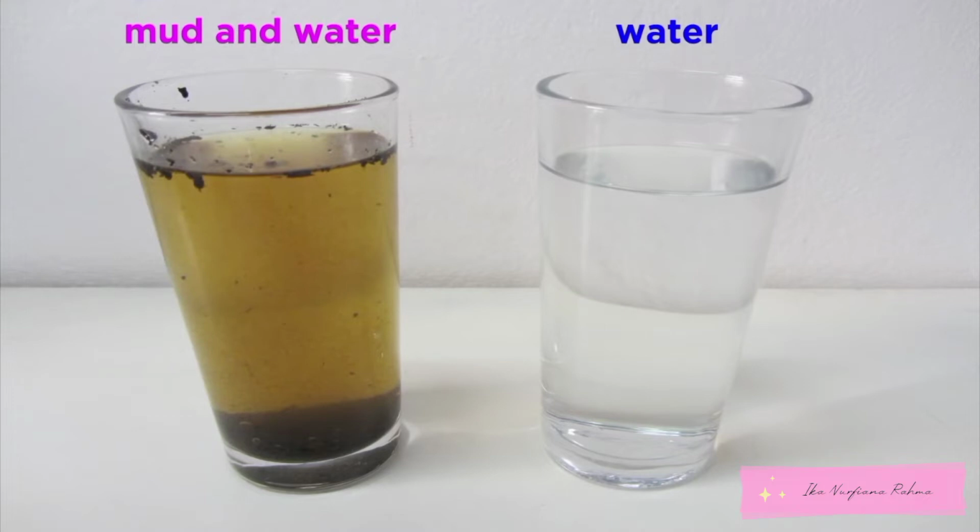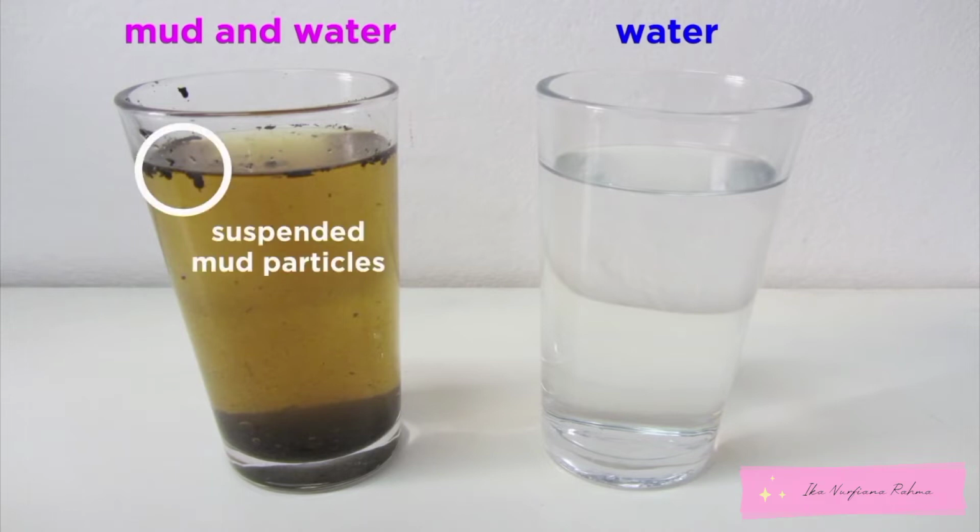An example of this can be generated by mixing mud and water. They will not remain completely separate like oil and water do, nor will things disperse perfectly evenly. Instead, there will simply be a cloudy mix of water and suspended particles.